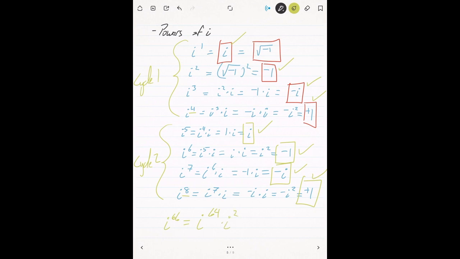That gets us i to the 66. Now, i to the 64, that's the end of a cycle. That's a multiple of 4. So that's the end to the cycle. So that was just a positive 1. Then I have the next term, and then the term after that.